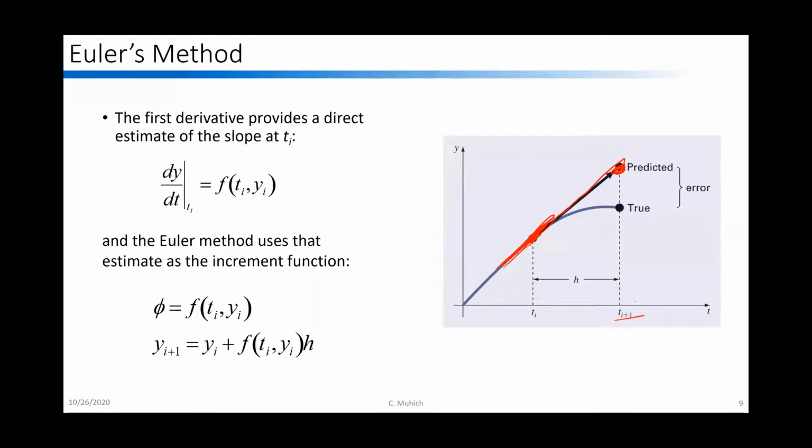So going back to this idea, we're going to say that this y i plus 1 is our y i plus this increment function phi, which is f of t i and y i, times this step size, and I can say that that step size is h.